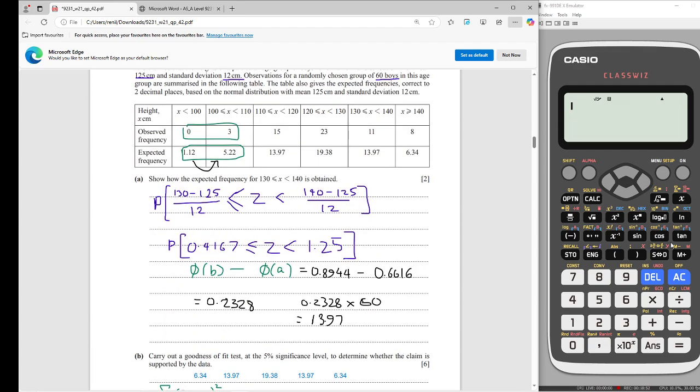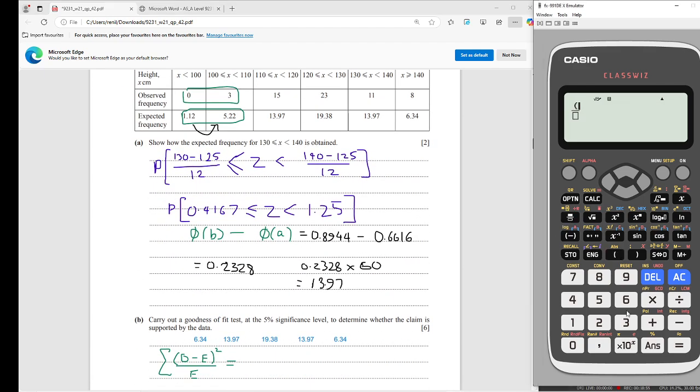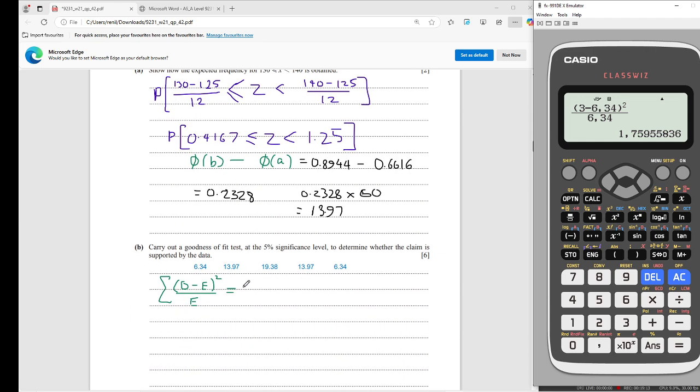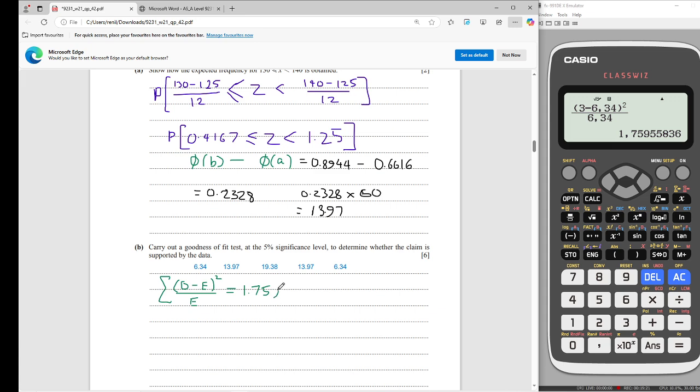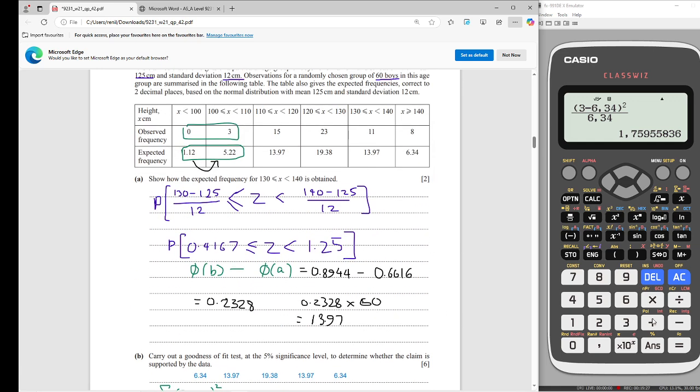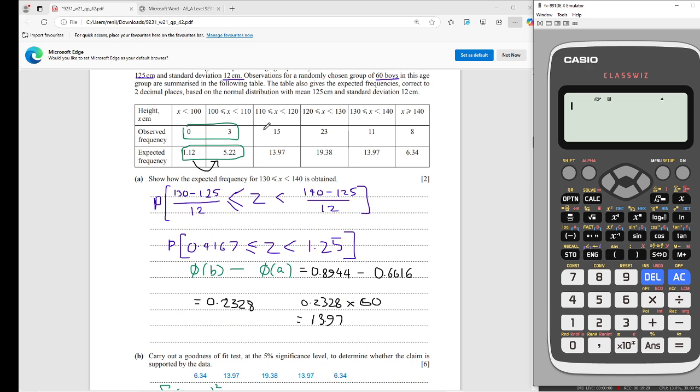Fine, so let's just see, 3 minus 6.34 whole square divided by 6.34. It's going to be 1.7595, give it a 96.